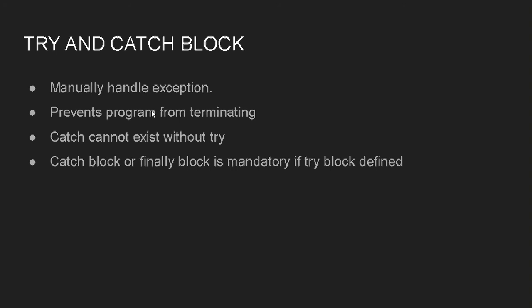If the program encounters a runtime exception, like an IO exception, input output exception, or something like that, then the program will terminate, it will stop working. Because of that reason you need to use this try catch block.